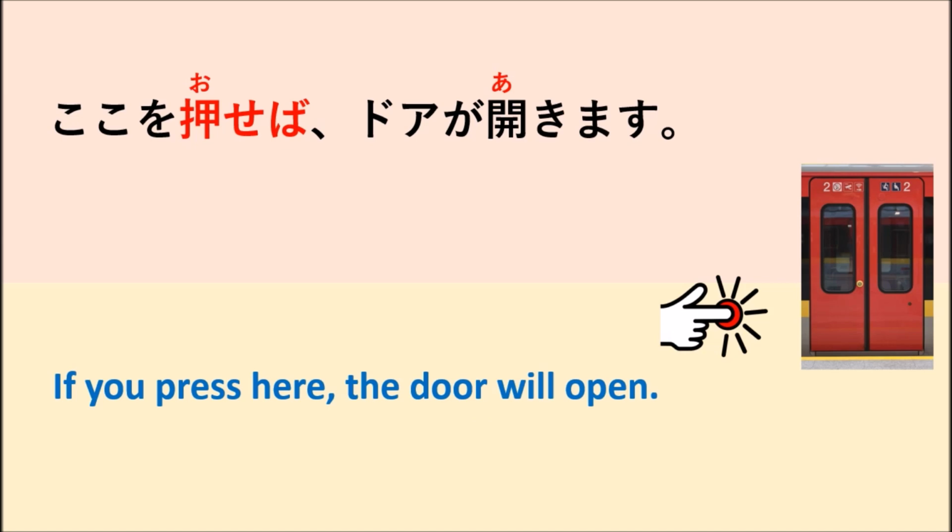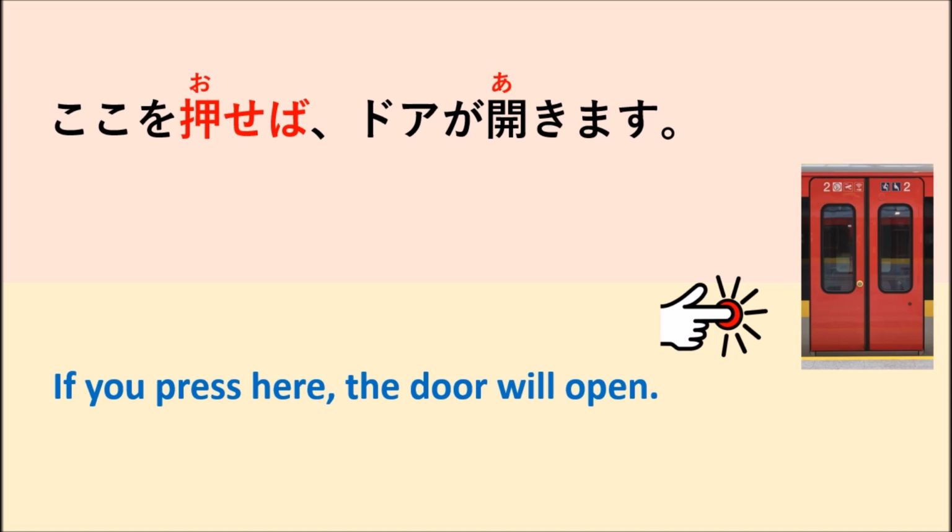And here we also have the sentence koko o oseba door ga akimasu, which means that if you press here, the door will open. That means it has the same meaning as koko o osu to door ga akimasu.